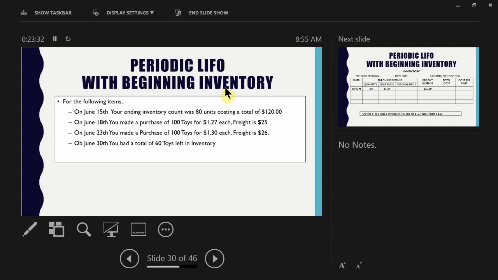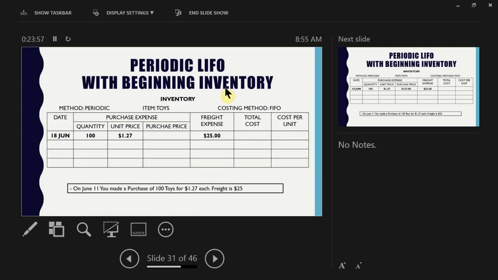Now in this case, we're going to be looking at making a couple more purchases. So on June 18, we made another purchase of 100 toys. And then we also made one on June 23rd. And then on June 30th, we have a new ending total of 60 toys left in inventory, okay?